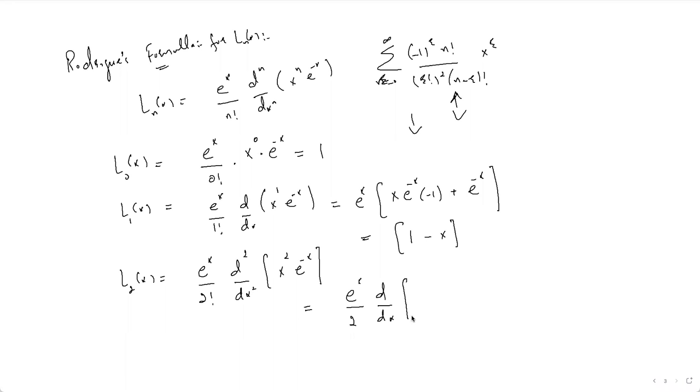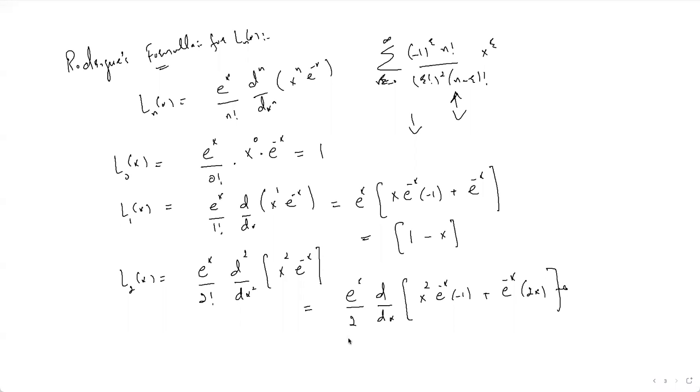I will write this as d by dx of x square, then e to power minus x into minus 1, because of differentiation of minus x, plus then e to power minus x into 2x. Fine. This is it.